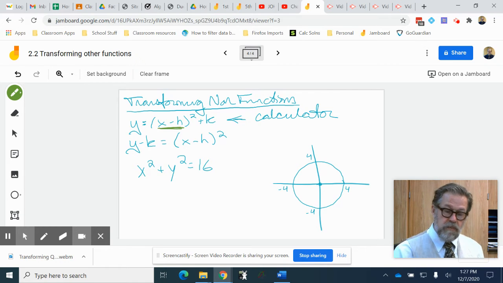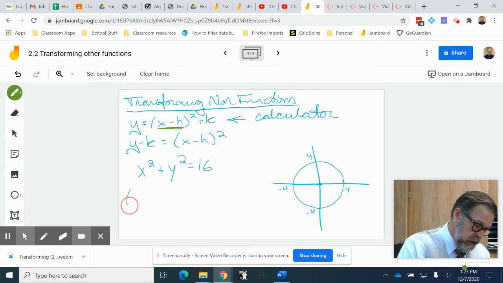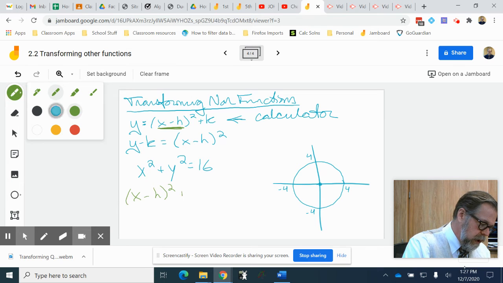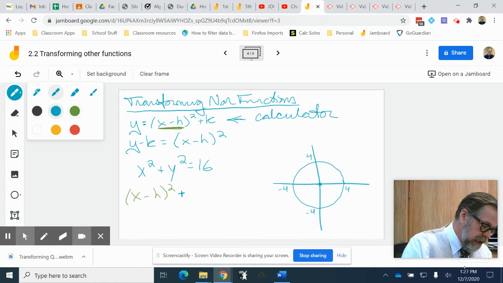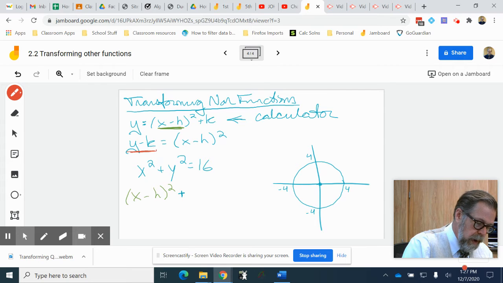That's how I shifted things left and right. I'm going to replace x with x minus h. And if I look up here, I discover that I also replaced y with y minus k.